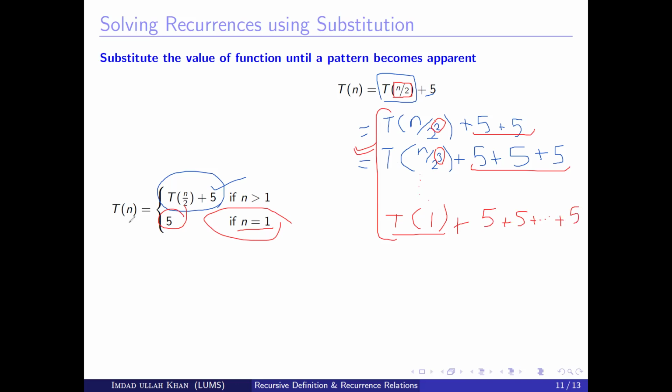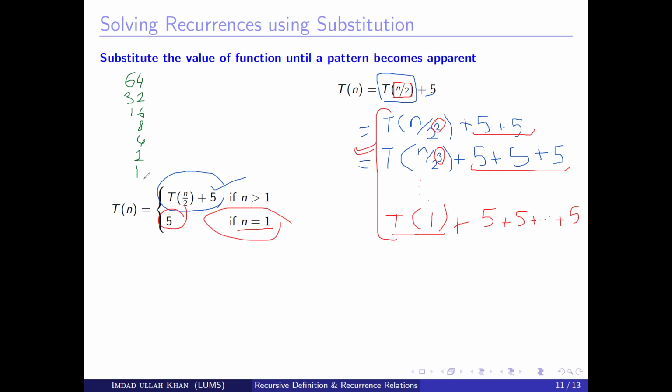For that purpose, you need to recall something from our basic concepts of numeric functions. For example, if our input is 64, n over 2 is going to be 32. 32 over 2 is going to be 16. 16 over 2 is going to be 8. 8 over 2 is going to be 4. 4 over 2 is going to be 2. 2 over 2 is going to be 1. That's where we need to stop.